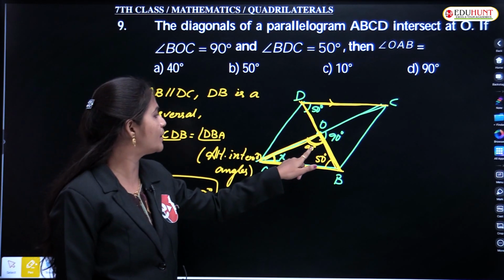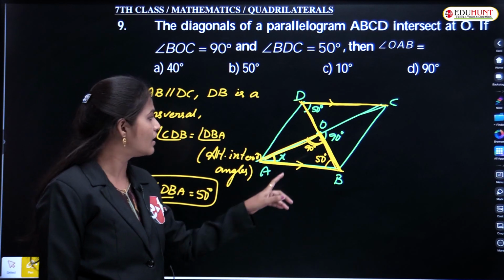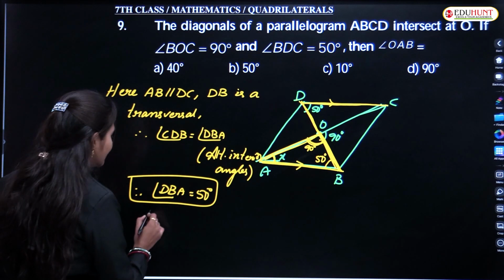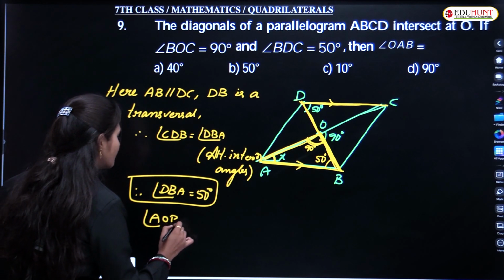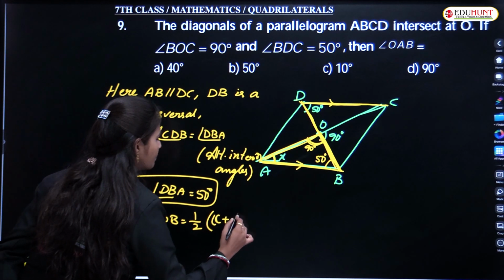So half of 180 is equal to 90 degrees. So here the angle is equal to 90 degrees. So here we can write that angle AOB is equal to half of angle C plus angle D.